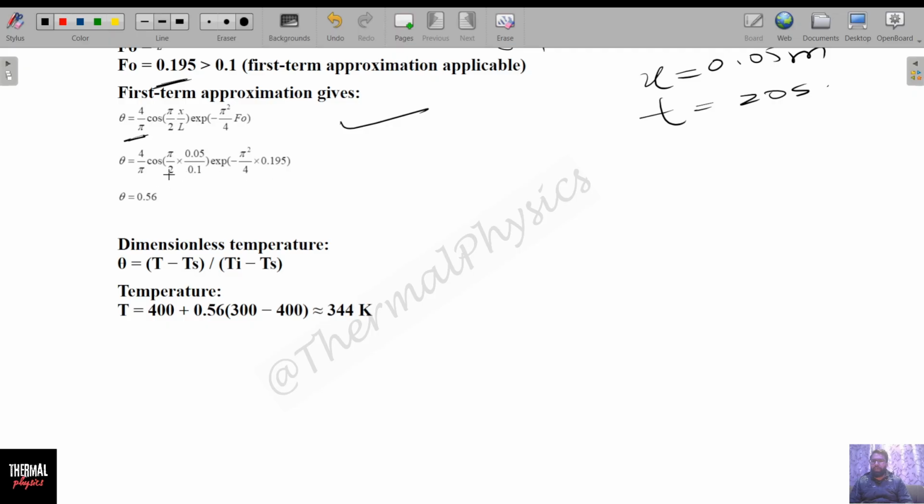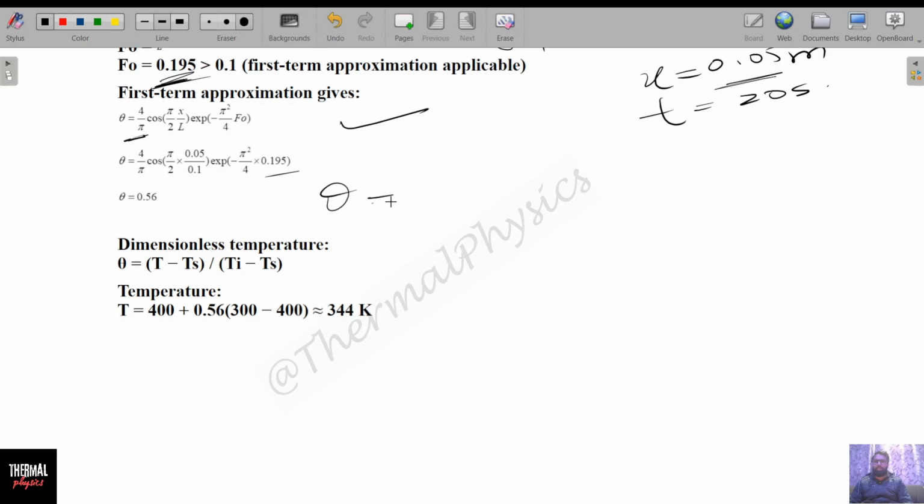So we have 4 by pi, cos pi by 2, where x is our location where we want to find this, that is 0.05, L is the thickness 0.1, then e to the power of the Fourier number, calculated as 0.195 above.